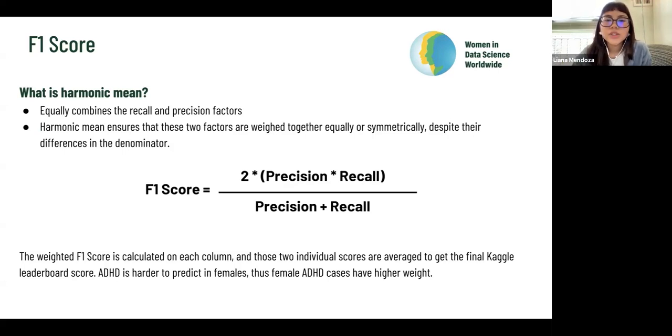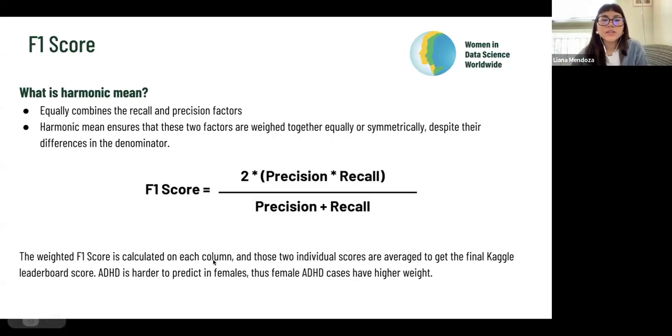The harmonic mean ensures that these two factors are weighed together equally or symmetrically despite their differences in the denominator. As you can see, this is the equation for the F1 score: 2 times the product of precision and recall over the sum of precision and recall.